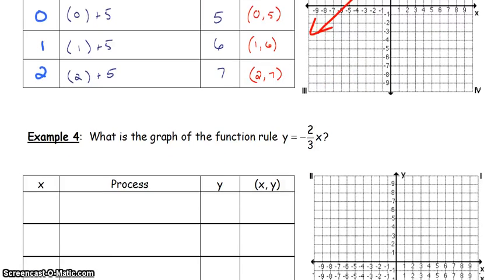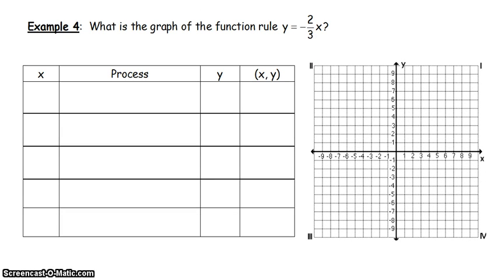On the second one, the major difference now is that my function rule has this fraction -2/3. The key now is to identify when you have a fraction, you want to figure what that denominator is.